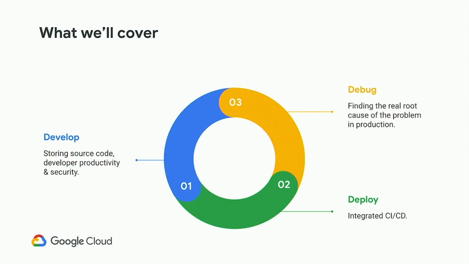In the second part, which is essentially targeted at deploying, we wanted to showcase how you could use Cloud Source Repositories specifically to build, test, and deploy an app. And finally, in the third phase of the presentation, we wanted to showcase how you can use Cloud Source Repositories along with the different integrations with Stackdriver for debugging an application.